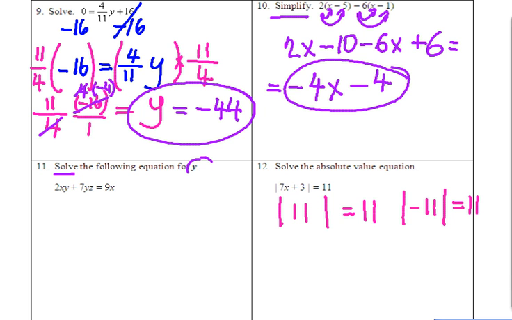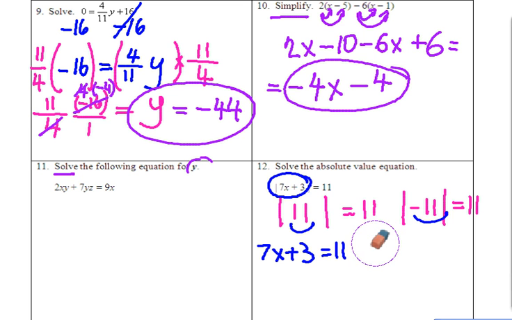So basically we are trying to find an x for which the expression inside the absolute value symbol is either 11 or negative 11. So that's it. 7x plus 3 is 11.